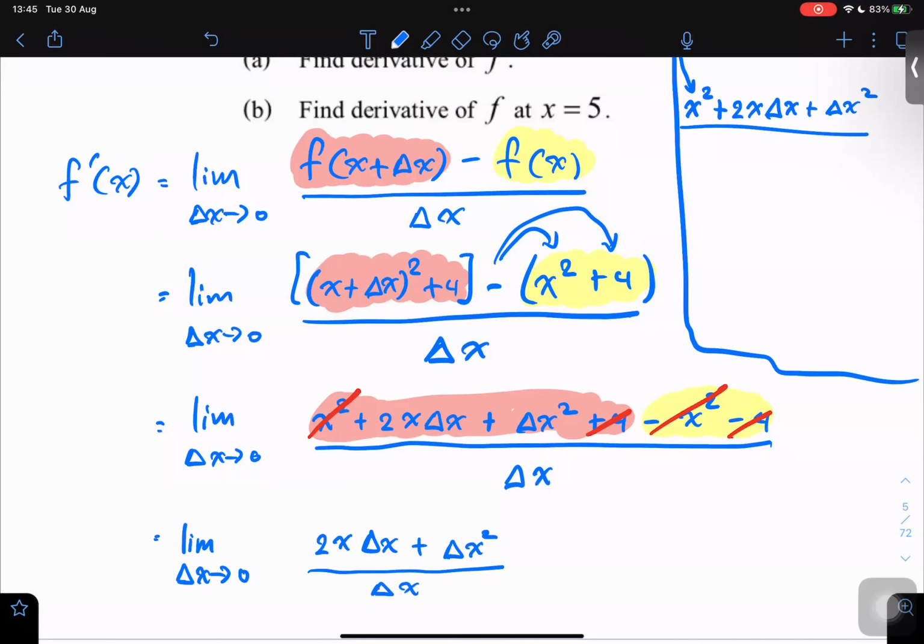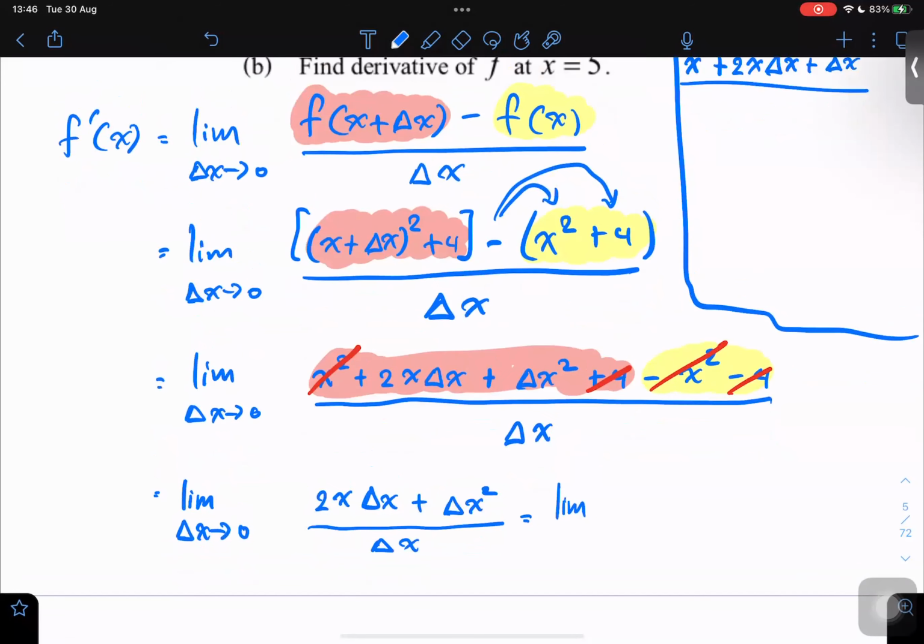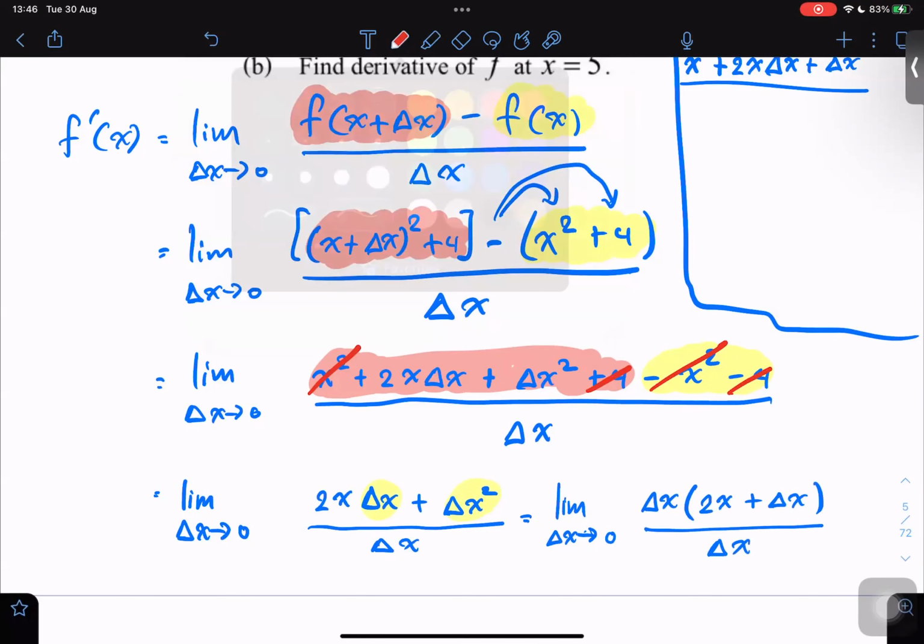From this you can see that the limit of delta x, here is delta x, here is also delta x, right? So I can combine it together, so it becomes delta x times 2x plus delta x, over delta x, and this thing cancels with each other.